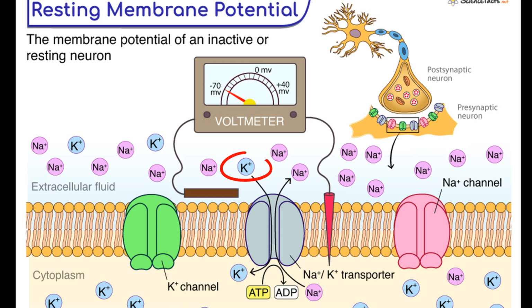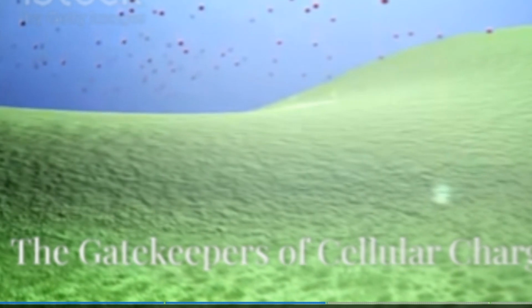Specifically, the cell membrane is more permeable to potassium ions than to sodium ions. Inside the cell, there is a high concentration of potassium ions, while outside the cell there is a high concentration of sodium ions. This difference in concentration creates a concentration gradient, a force that drives the movement of ions from an area of high concentration to an area of low concentration.